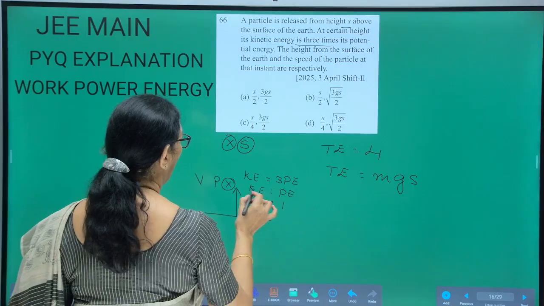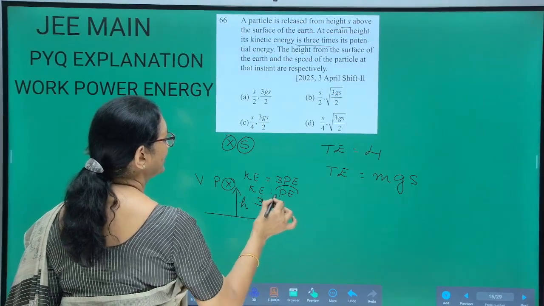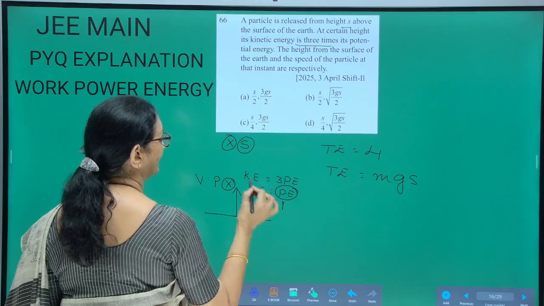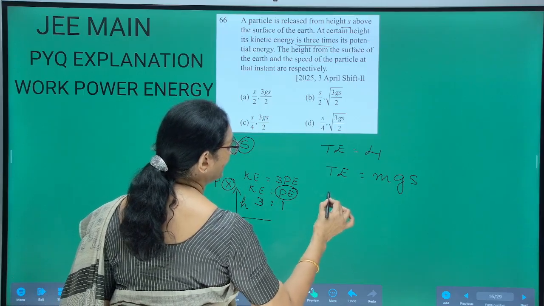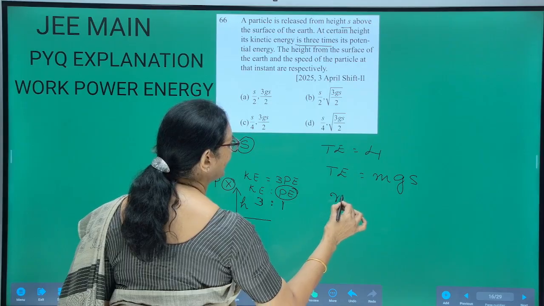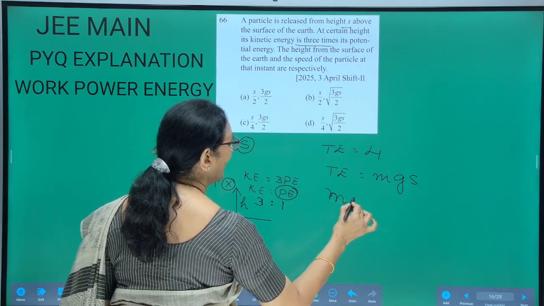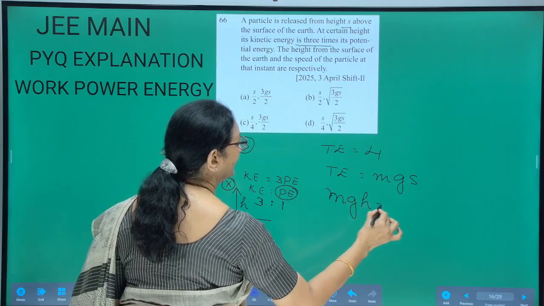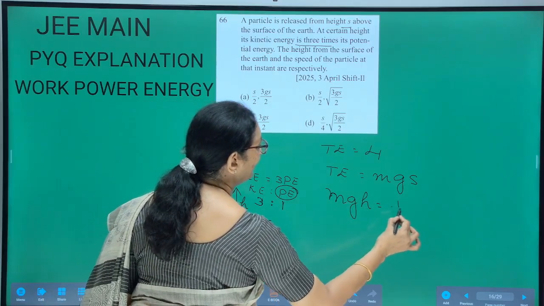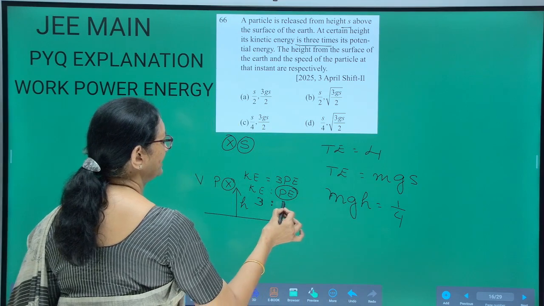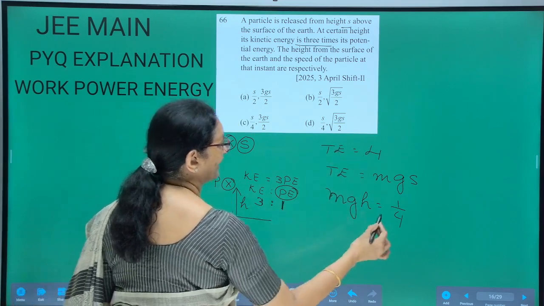Now, at this point P, potential energy is 1 part out of 4 parts. So, total potential energy at that point, mgh, is equal to 1/4 of the total energy at that point, because it is 1 part out of 4 parts.